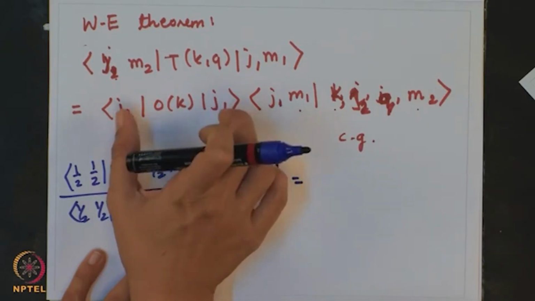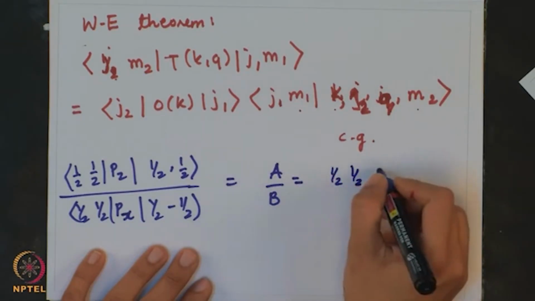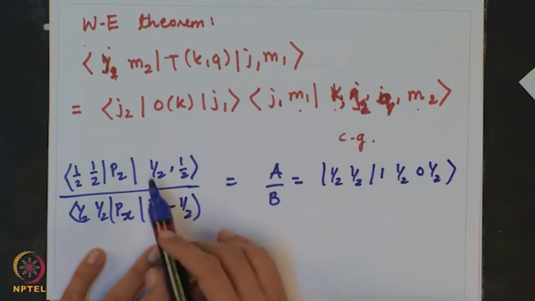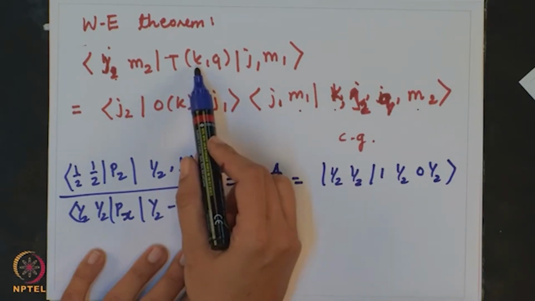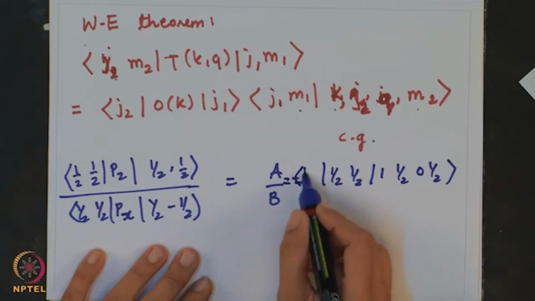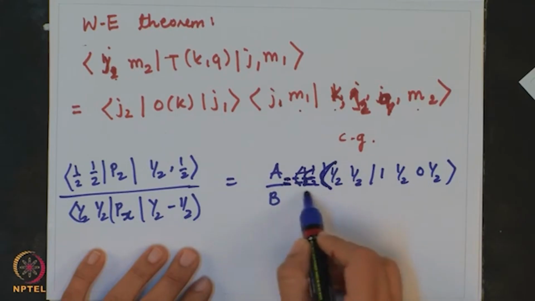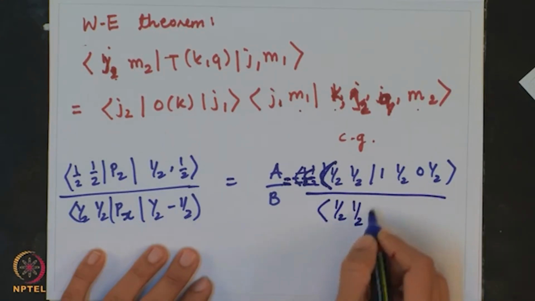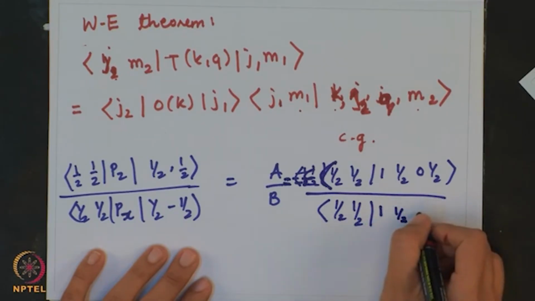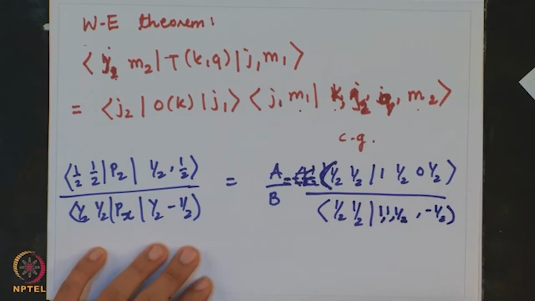So, when I write A by B, I will have the CG coefficient <1/2 1/2; 1 0|1/2 1/2>, with k equal to 1 and q equal to 0. Then I have <1/2 1/2; 1 1|1/2 -1/2>, where k is 1 and q is also 1.